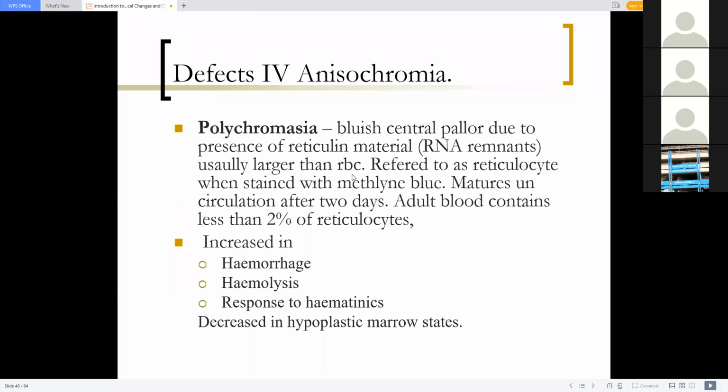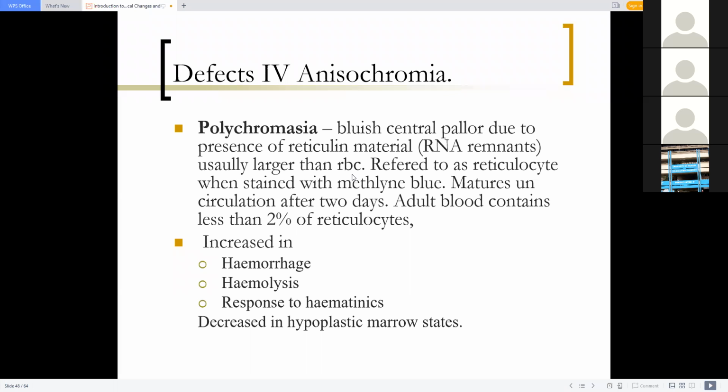Polychromasia is where the red cell takes a bluish tint under the microscope, because a lot of the Romanowsky stains give you a pinkish, purplish staining of the red cell. They're nicely pinkish red, or deep pink staining, as we have seen.